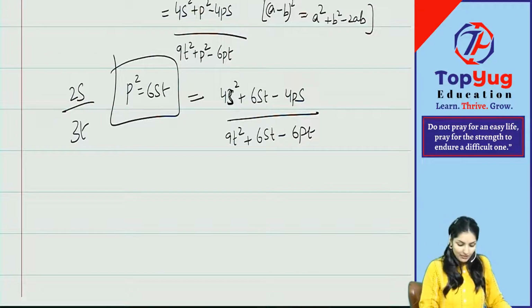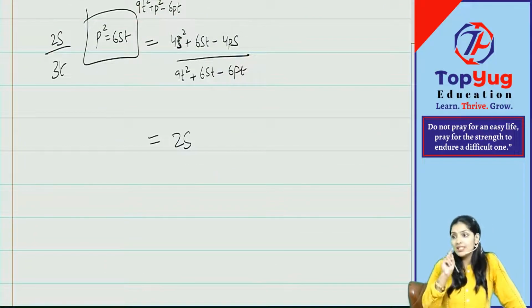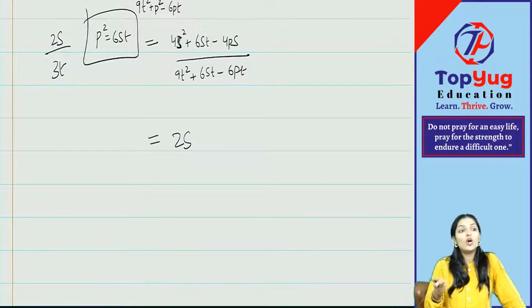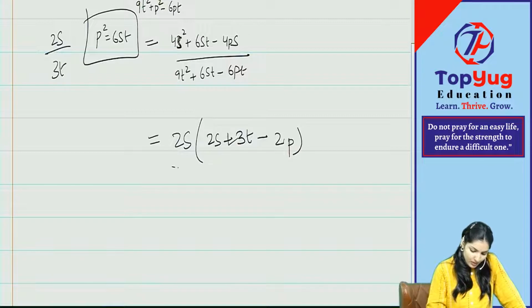So have a look. Here, if I take 2s common, I can take s common because s is there in all three terms. In the denominator I can take t common. So if I take 2s common, it is 2s plus 3t minus 2p.